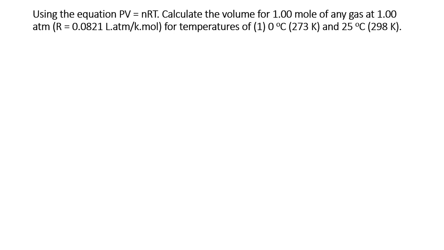Temperature 1, 0 degrees Celsius, which is 273 Kelvin. And temperature 2, 25 degrees Celsius, which is 298 Kelvin. So let us start at 0 degrees Celsius, which is 273 Kelvin.